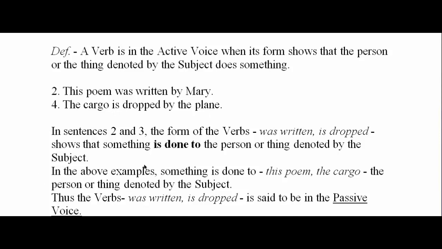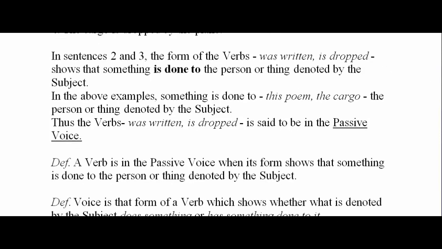In the above example, something is done to this poem. It was written. The cargo is dropped. So, something is done to the person or the thing denoted by the subject. Okay? I believe you are following, my dear students. Thus, the verbs was written, is dropped are said to be in the passive voice.